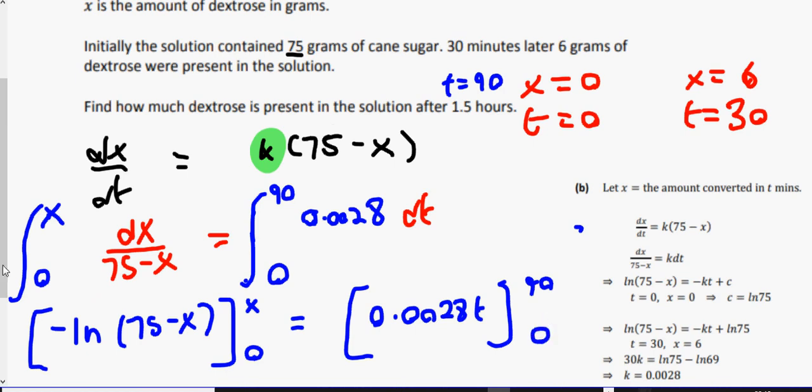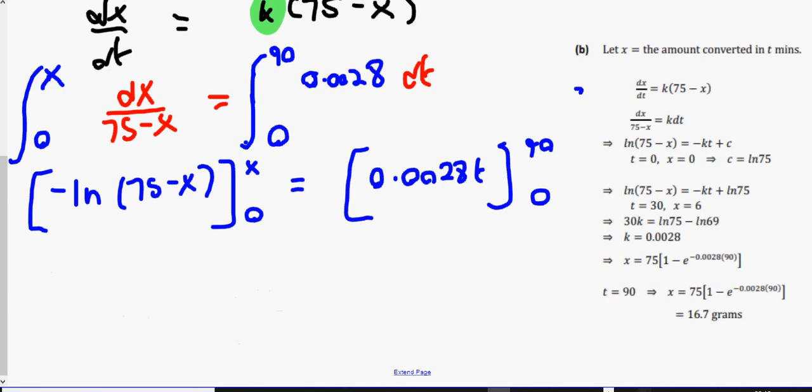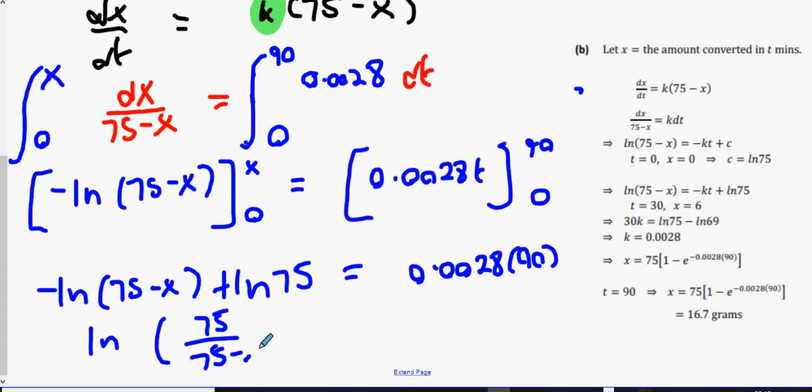Okay, I think I can afford to come down a little bit here. Now, minus ln 75 minus x plus ln 75 equals 0.0028 times 90. ln of 75 over 75 minus x.